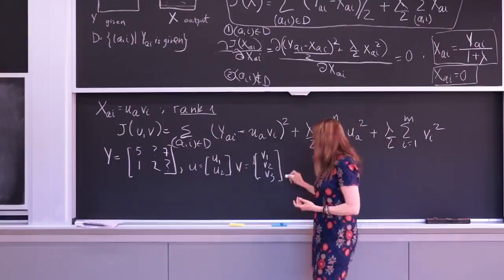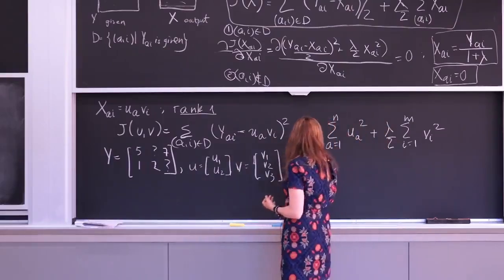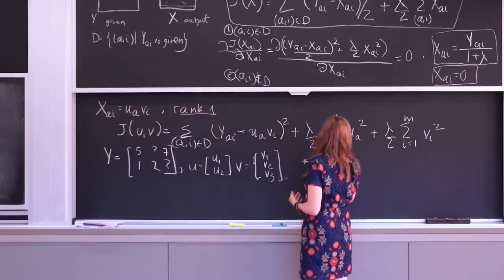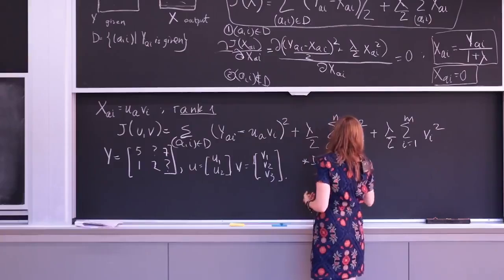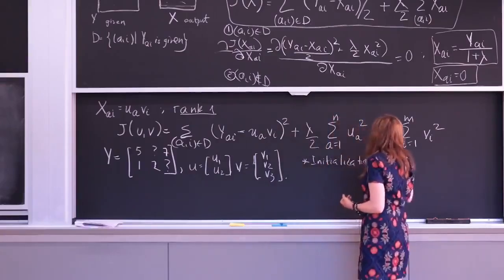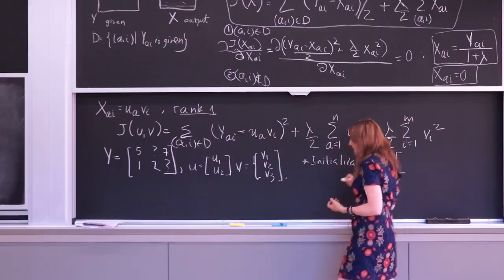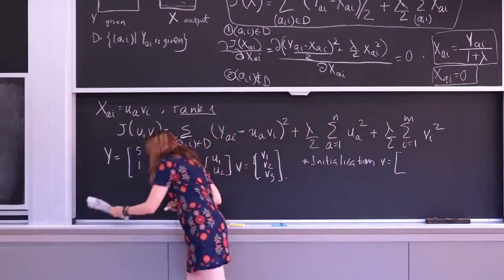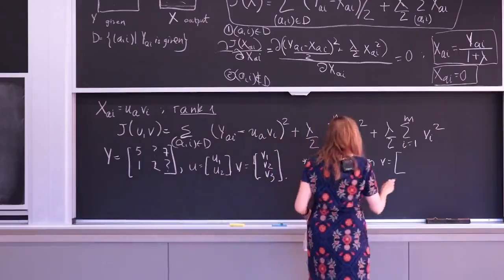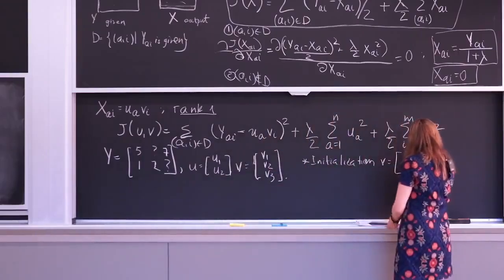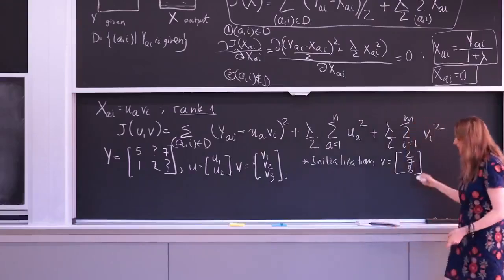The way our algorithm will start, the first step, is to make an initialization. In this case, my initialization of vector v, for which I did the computation, would be 2, 7, and 8. Okay? This is my vector v.